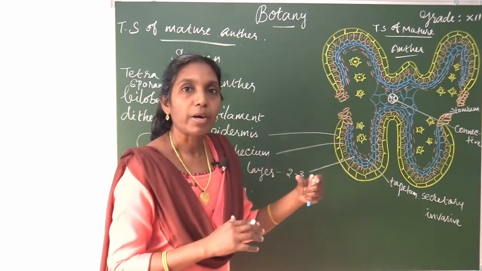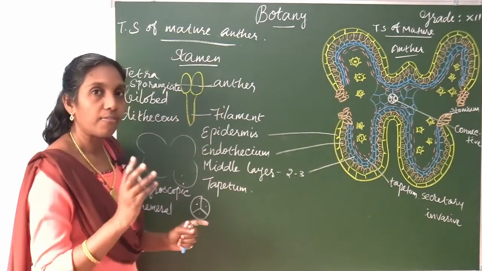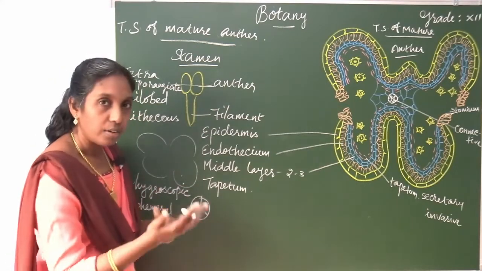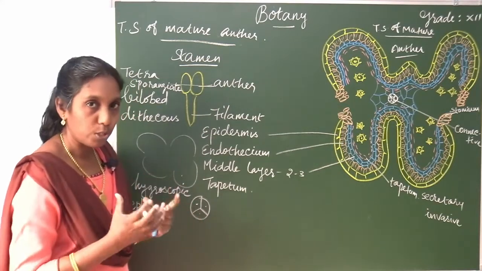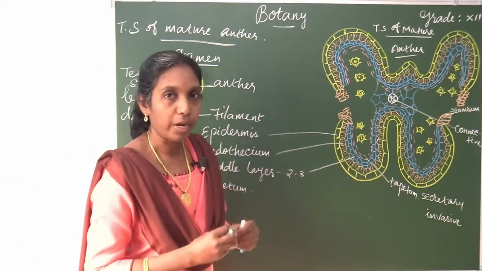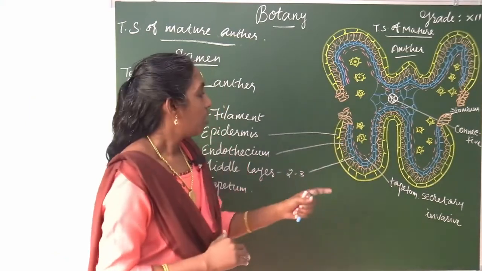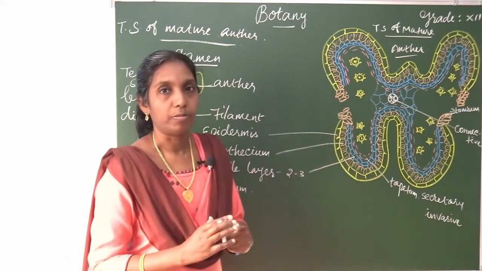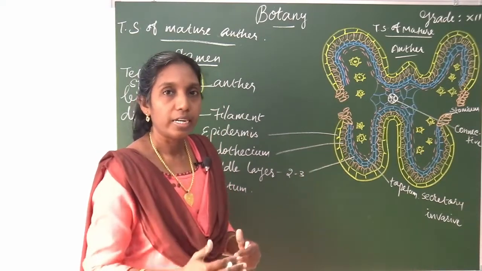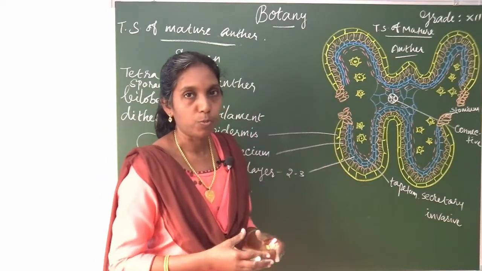After the tetrad, there are 4 haploid nuclei, and each one develops as a microspore. So this tapetum nourishes the developing microspores as well as the microspore mother cell. This is the important function of tapetum.